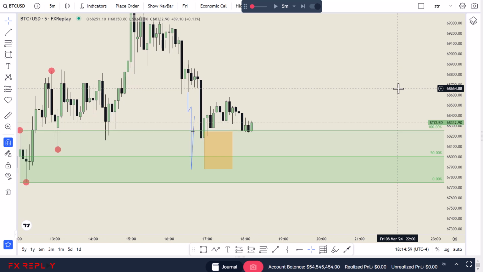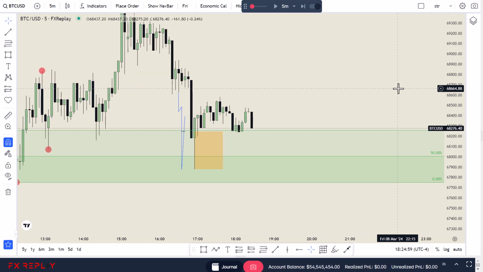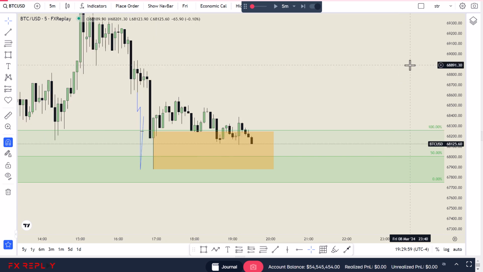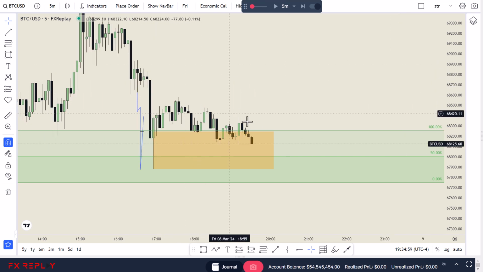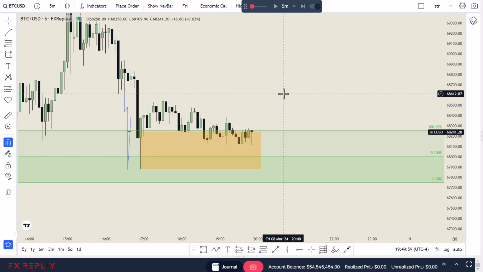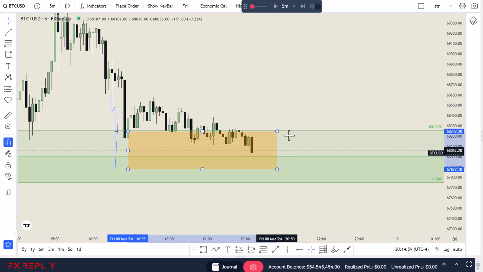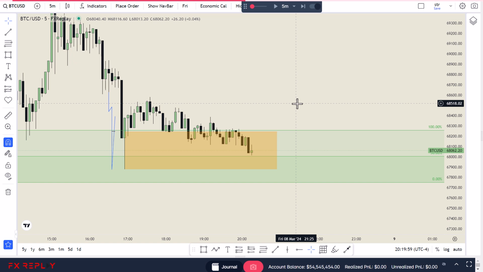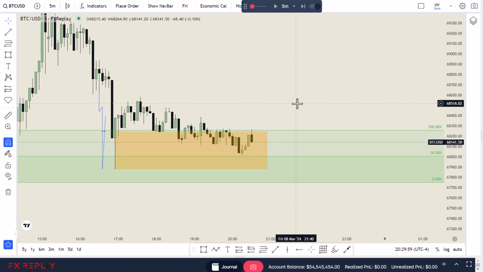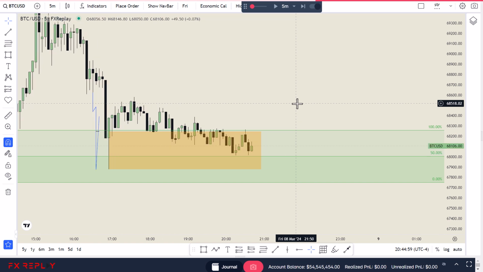Price is now approaching that area, that 1 minute swing point. Price is now printing lower lows and lower highs into this zone. Price taps the 50% of that 1 minute zone, and now price reverses to the upside.